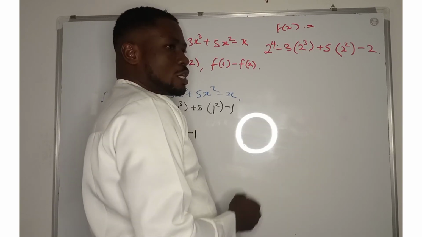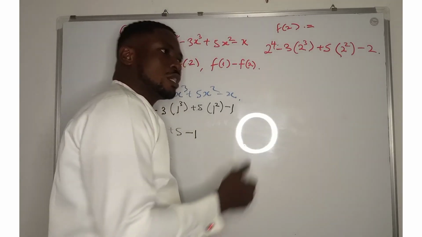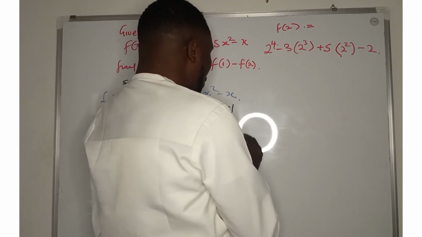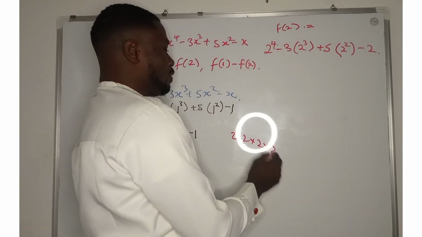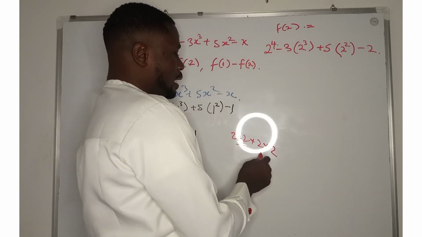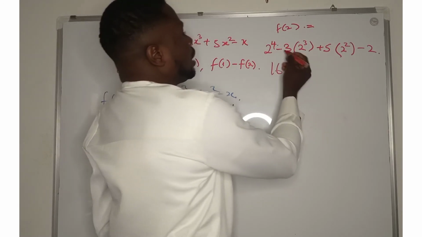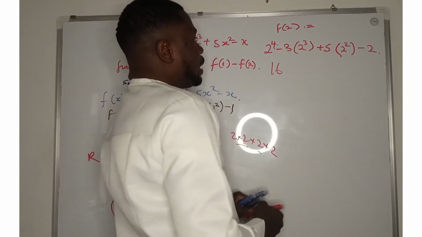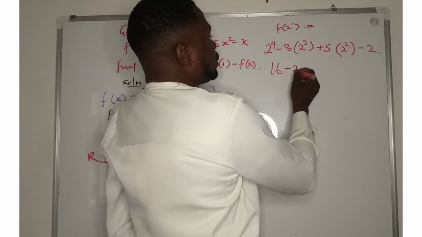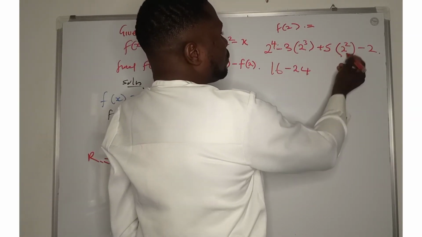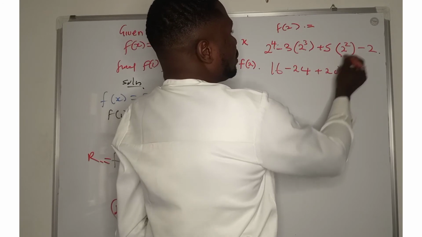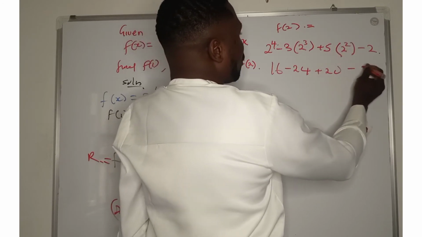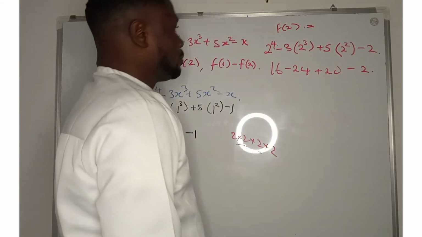What is the value of 2 raised to the power 4? That's 2 times 2 times 2 times 2: 4, 8, 16. So you have 16, and 2 cubed is 8, and 8 times 3 will be minus 24. Then 4 times 5 is 20, and then minus 2.